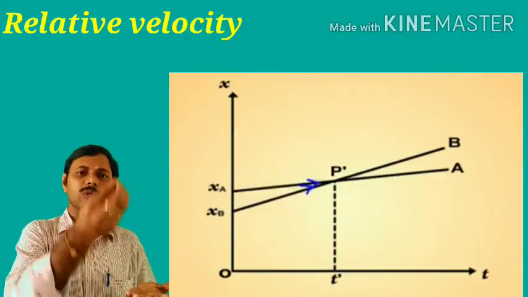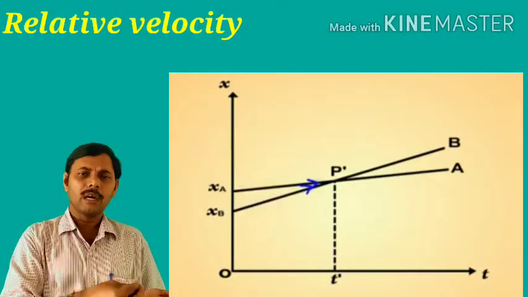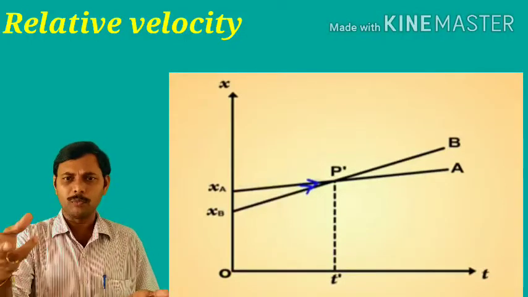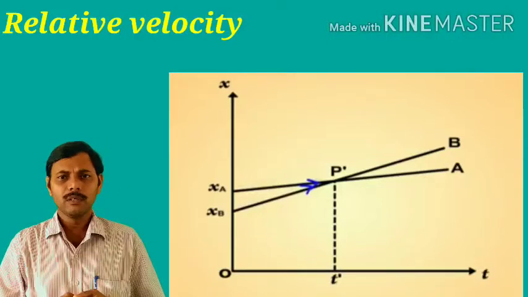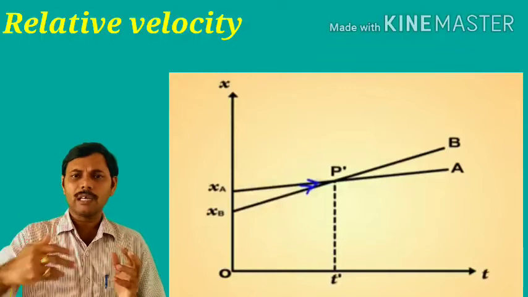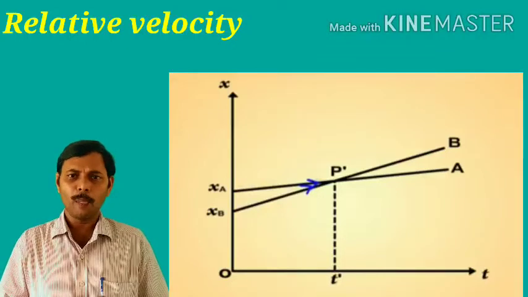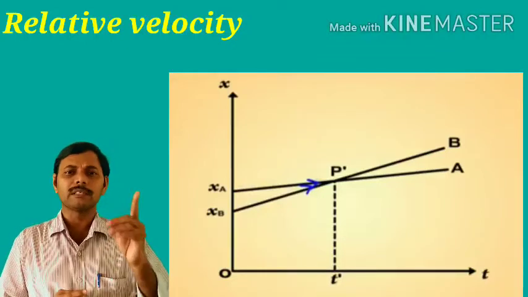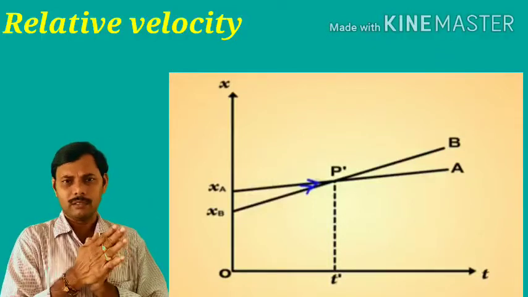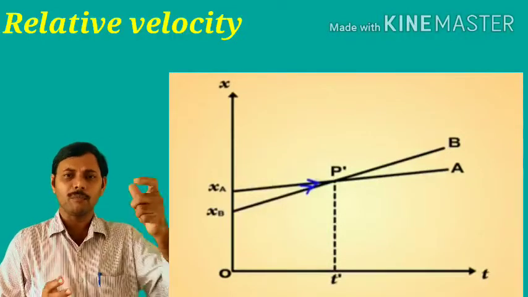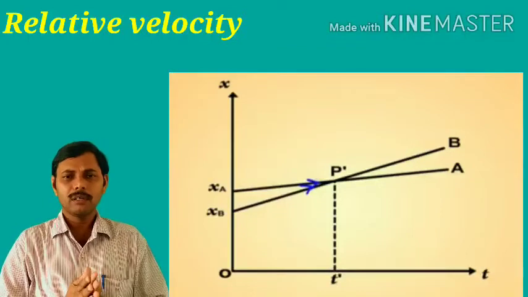So car A is slowing down, or reducing its velocity, with respect to B, as the relative velocity of A is measured with respect to B. So though car A is ahead of B initially, observe the graph: at some time t dash, the positions of A and B coincide. So A and B are at the same position.